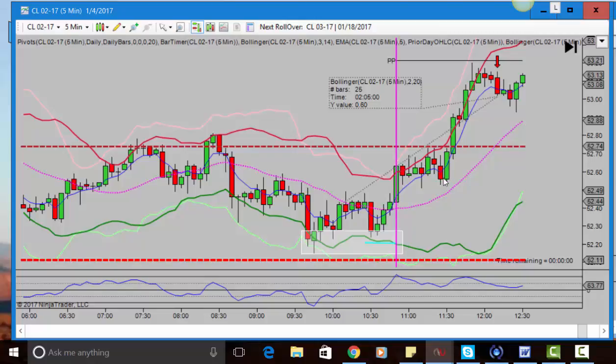And so you could have gotten out here at this candle, and you would have had a $140 profit from entry to exit.